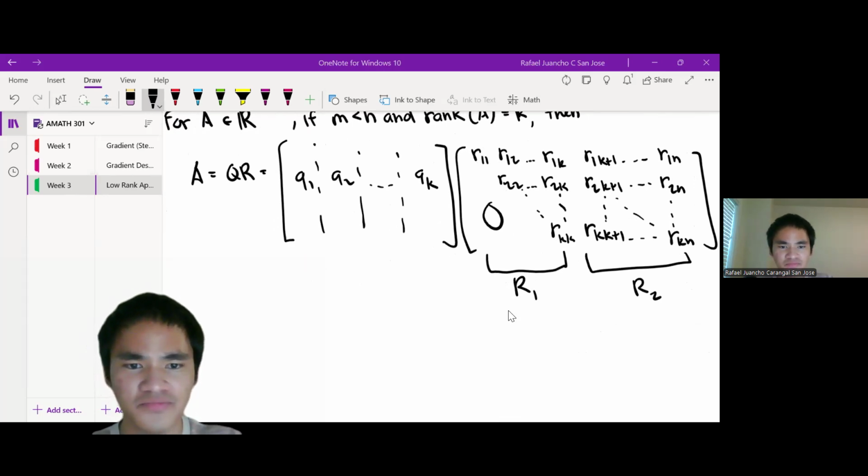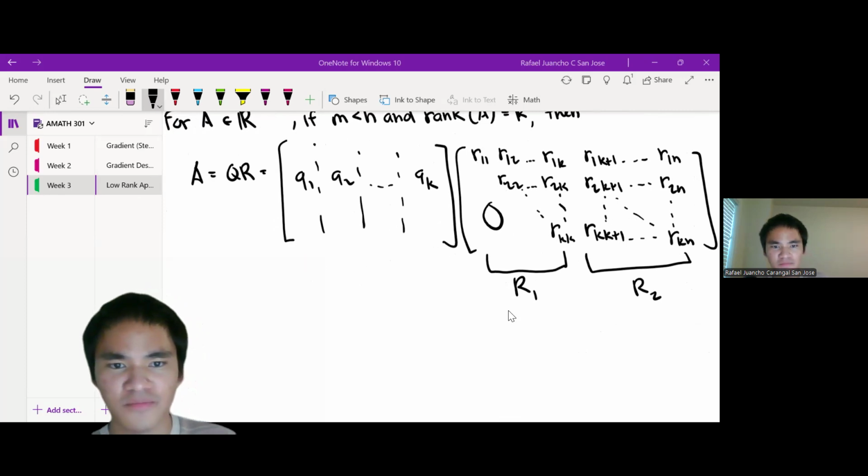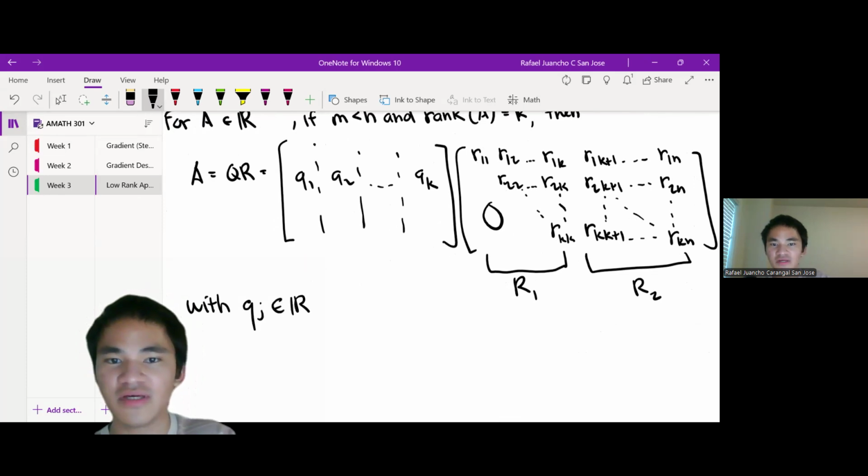Well, from here, we can say that Q sub J is an element of, oh, I'm talking about this one.